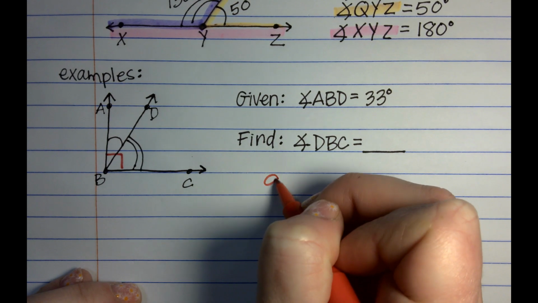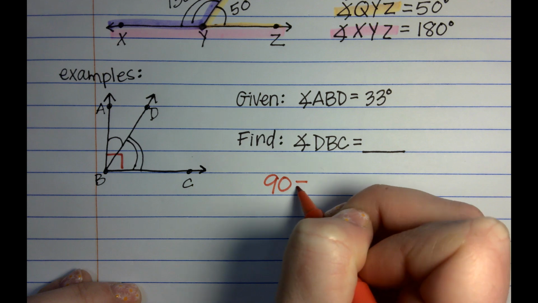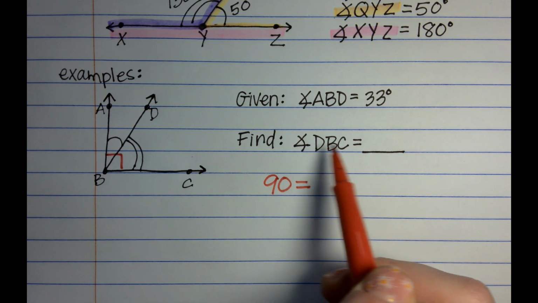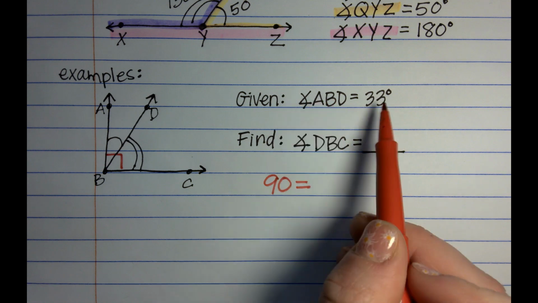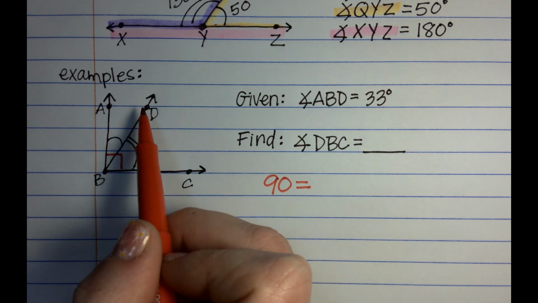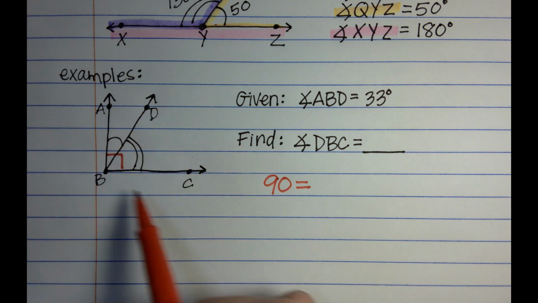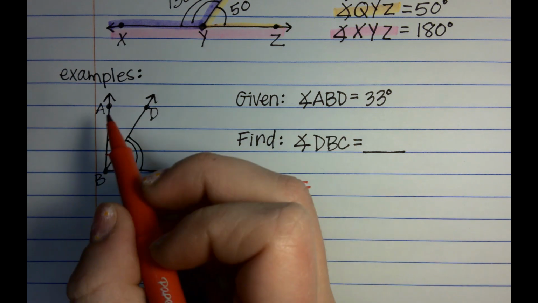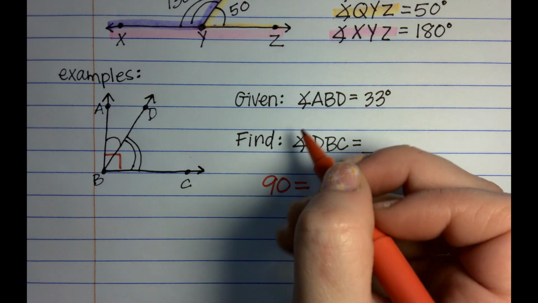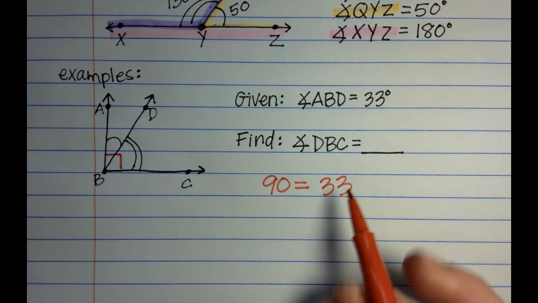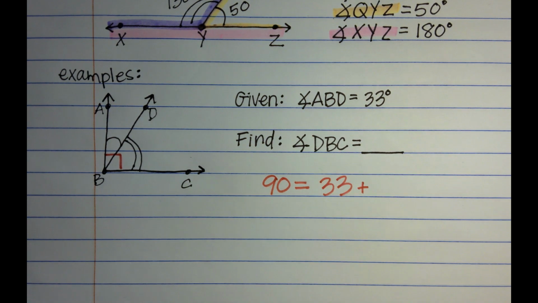I know that 90 degrees is equal to whatever this angle is plus this angle. So ABD plus DBC is going to make 90. Those two angles are complementary. I know ABD is 33, so I'm going to go ahead and write that. 33 plus DBC we don't know yet.